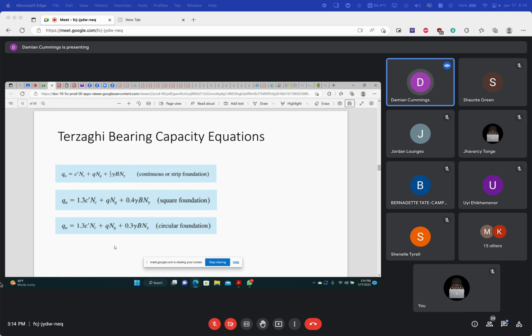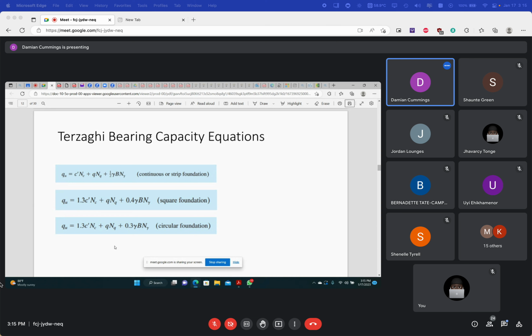So it's unit weight, which is kilonewtons per meter cubed, times the depth in meters of the foundation. Are we clear with that, guys?